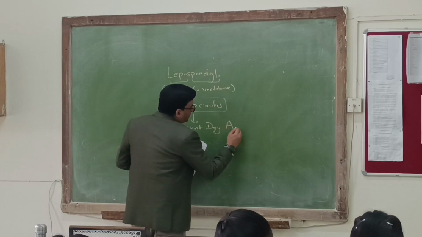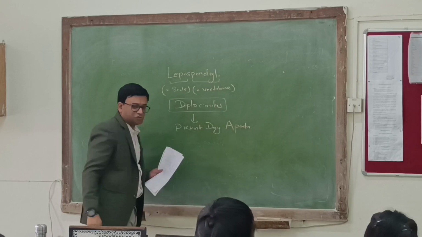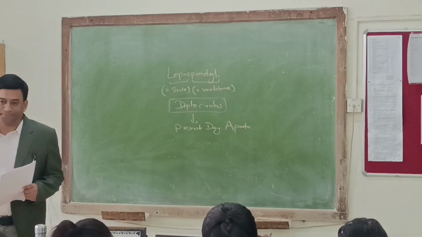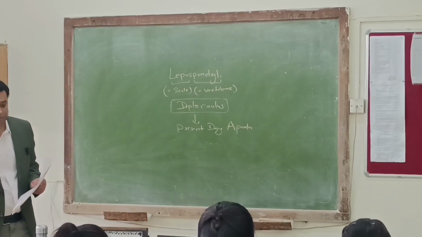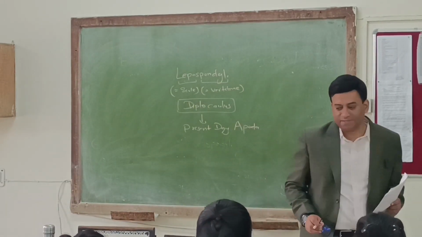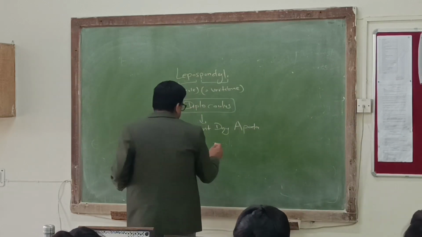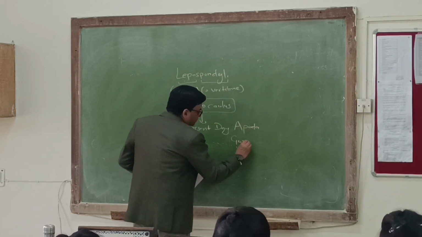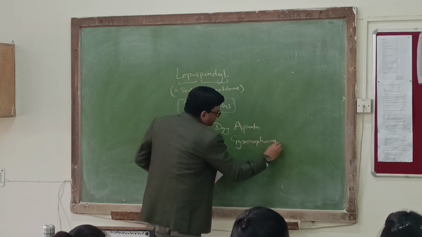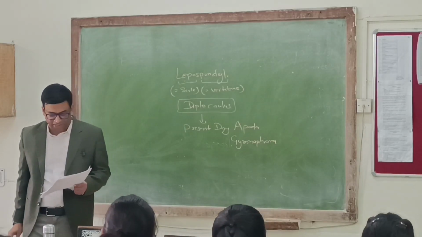So they are the direct ancestor of present day Apoda group, which is also called Caecilians, limbless amphibians: Ichthyophis, Uraeotyphlus. All these are examples of Caecilian, limbless amphibians, also called Gymnophiona. So they give rise to present day amphibians.